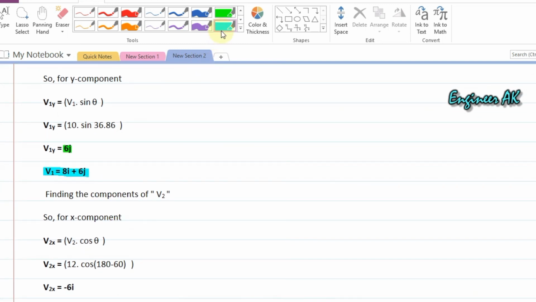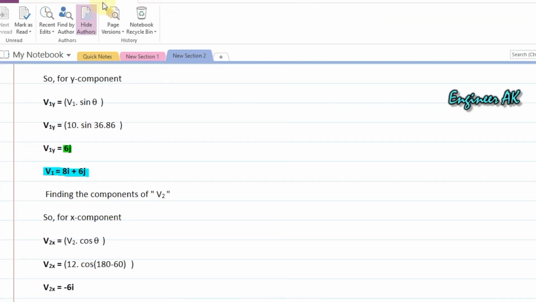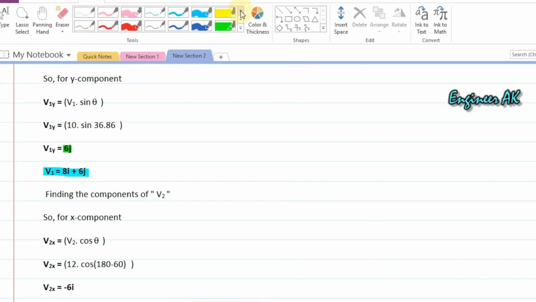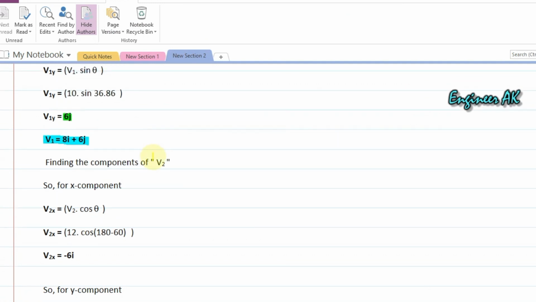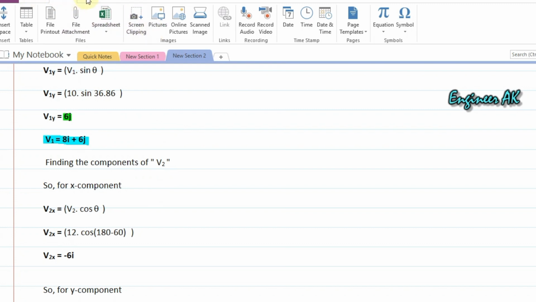Now moving further, we have to find the components of the second vector, the v2 vector, right?